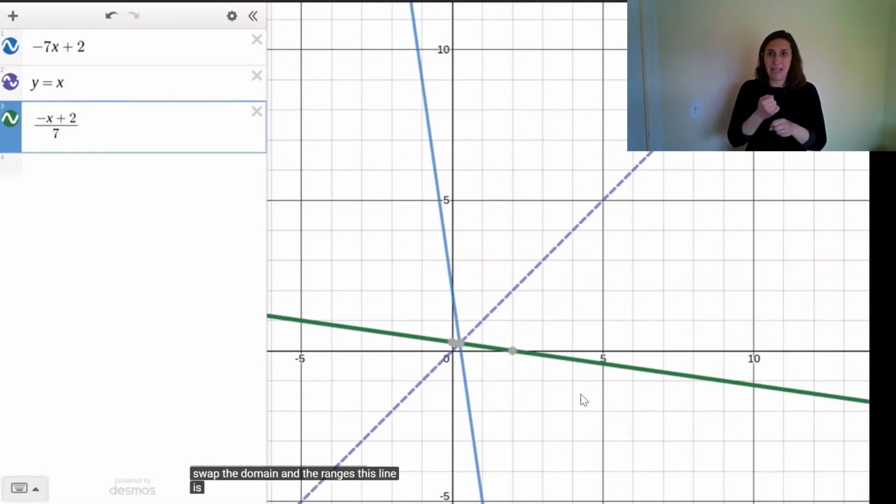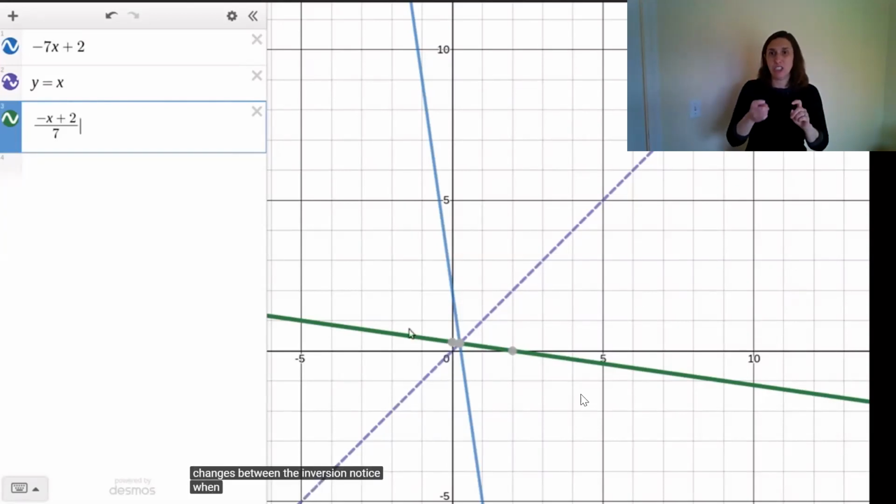This line is y equals x. That's the perfect swap of a domain and range. Every y value swaps with the x value, every x value swaps with the y value. So the ideal invertible function is y equals x, because nothing changes between the inversion.